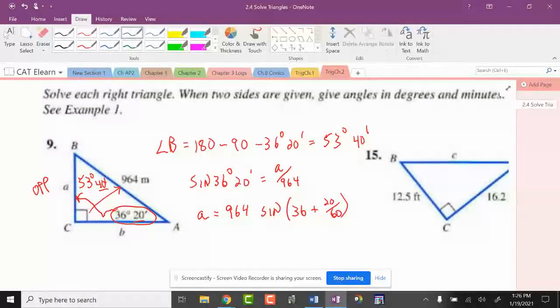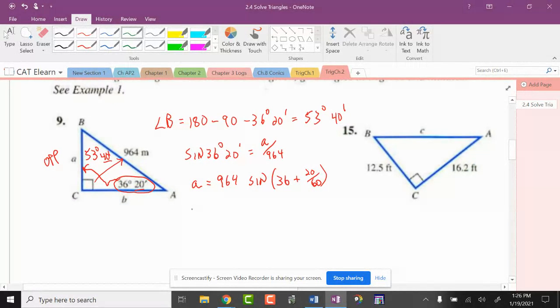Then letter B, flash to my old notes. Letter B, this is adjacent and hypotenuse is given. So that is cosine. It's a little out of practice after the 3 or 4 day weekend. Cosine of 36 degrees 20 minutes equals B over 964.